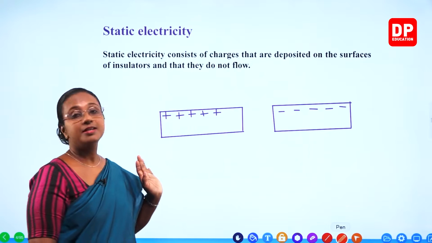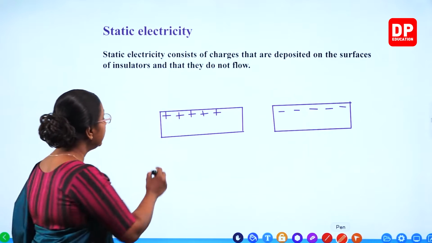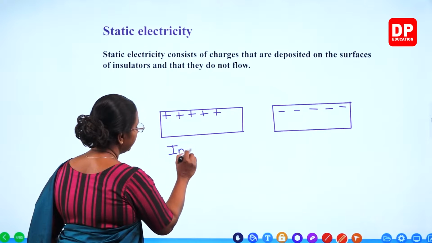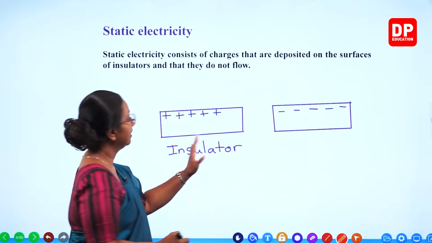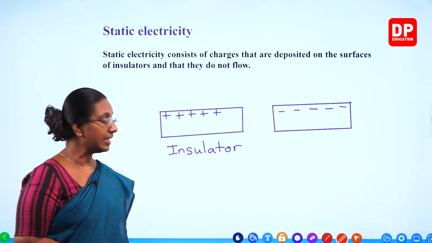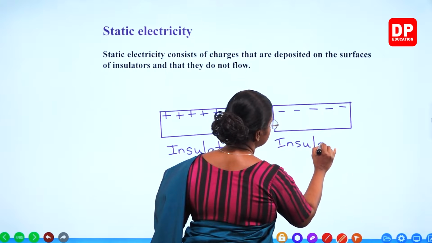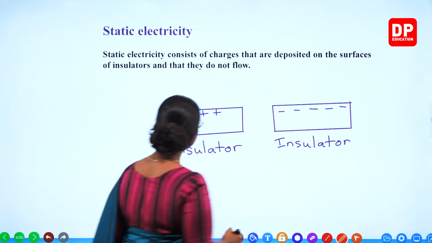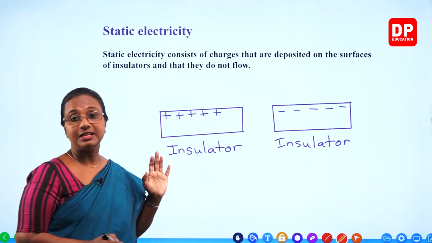Now, when there are charges that are deposited on the surface of an insulator, very important, insulator, then we call it static electricity. So the surface of the insulator can either become positively charged or negatively charged.